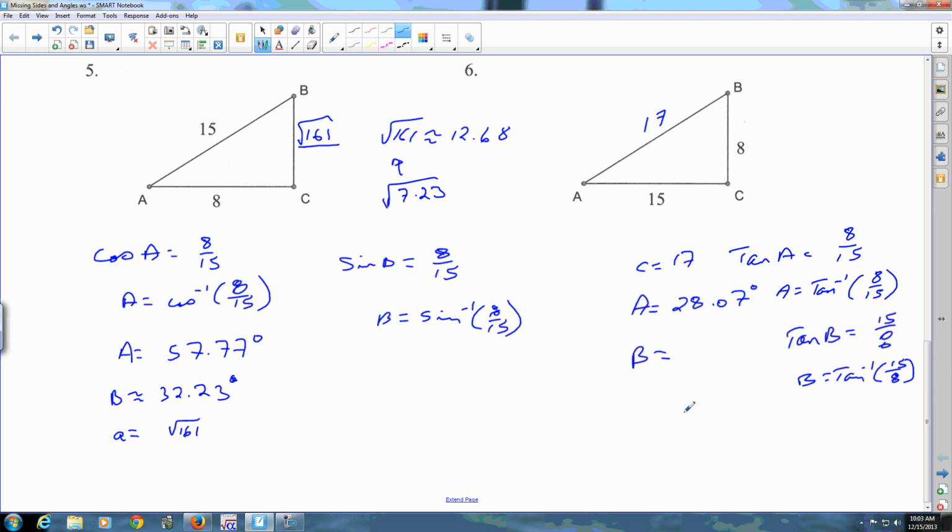Inverse tangent 15 divided by 8. Should have grabbed a newer calculator rather than this old one. 61.98. I can't even round. It's not right. 61.93. There we go.